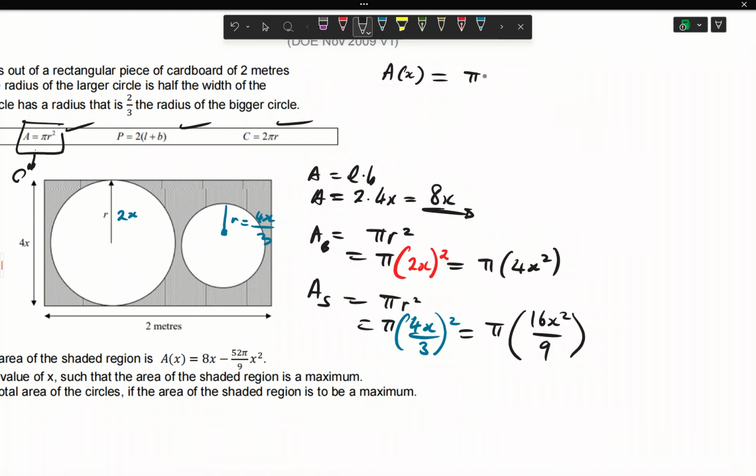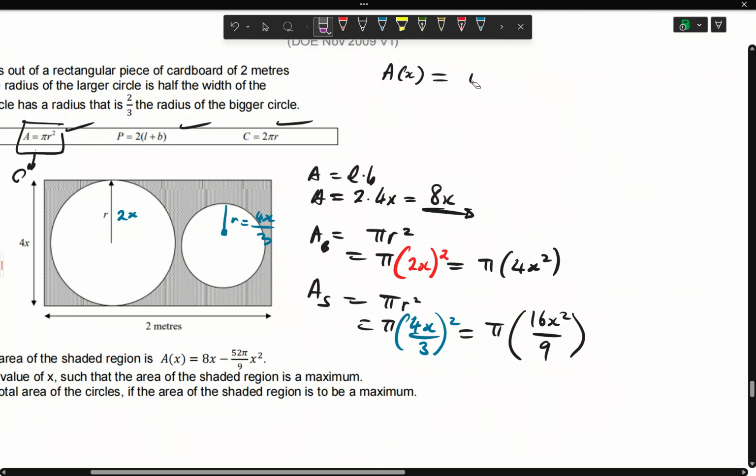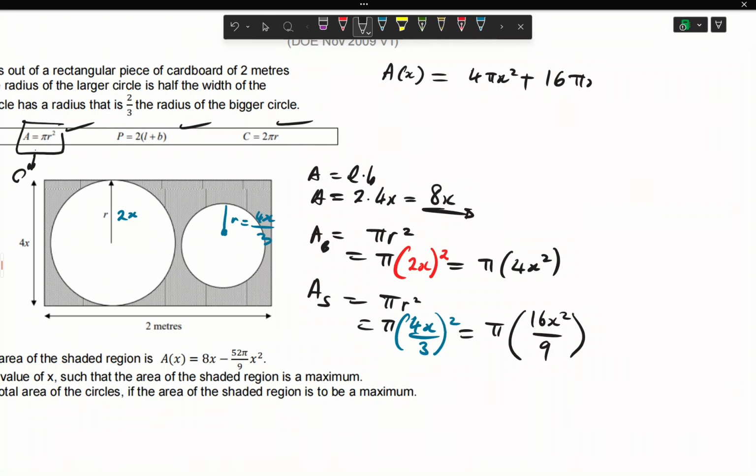Let me start with the bigger circle, so 4 pi x squared plus this one. That's going to give me 16 pi x squared all over 9. So it's just like that.